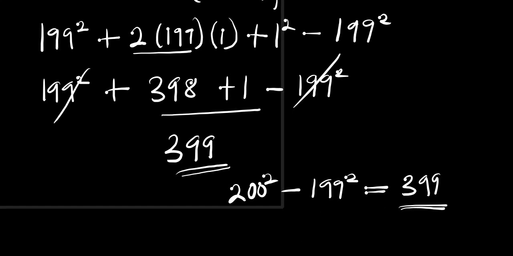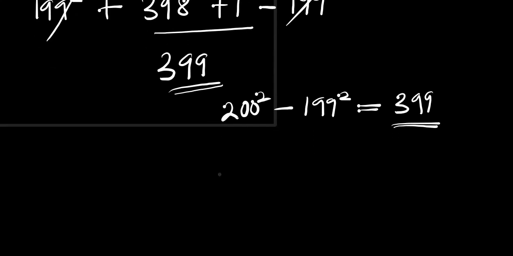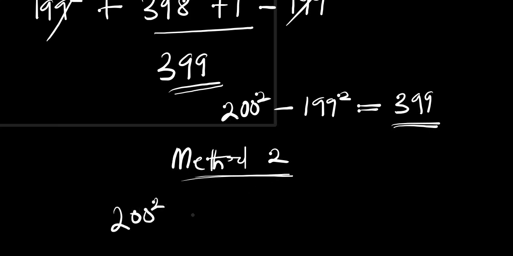Now let's consider the second method as well. We can have method 2. This method 2, we are going to make use of difference of two squares. Let's recall the problem we have. 200 squared minus 199 squared.